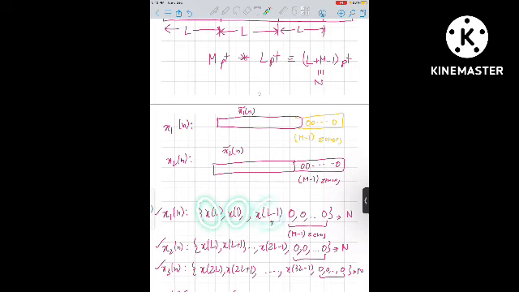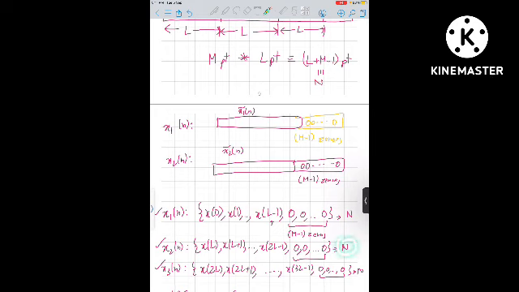x3 of n gives x of 2L plus 1 all the way till x of 3L minus 1. Again I add these extra zeros to make them of length n. And what do I do with h of n? I create h tilde of n, which is h of n along with some appended zeros.